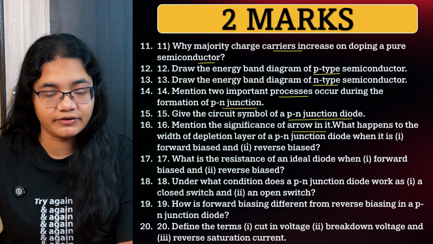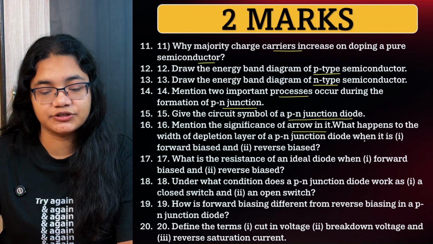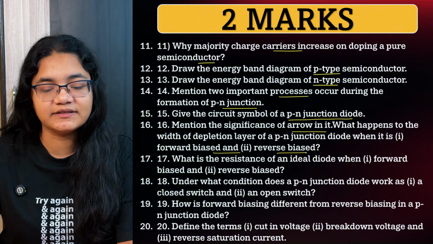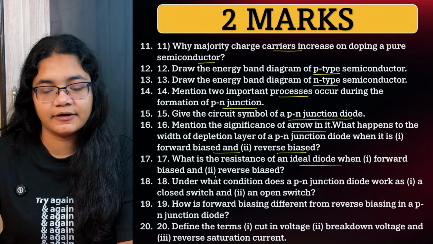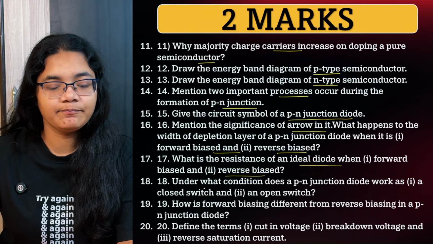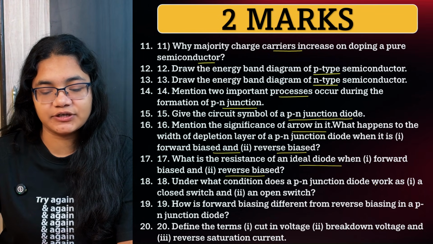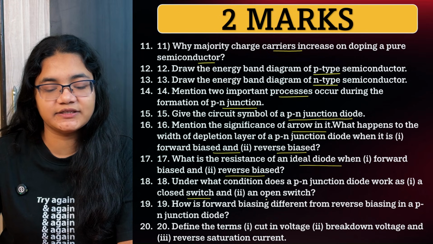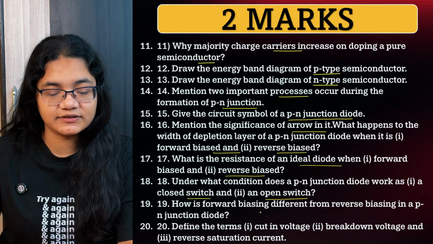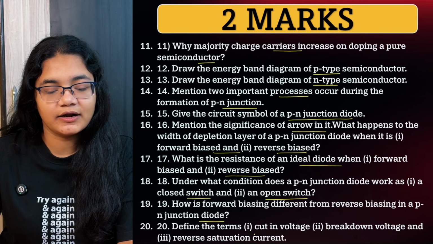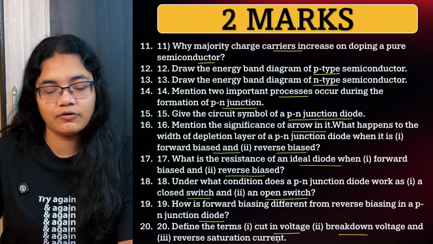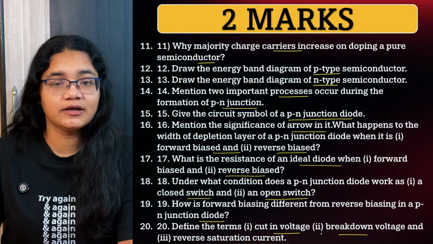What happens to the width of depletion layer of a PN junction diode when it is forward biased and reverse biased? What is the resistance of an ideal diode when forward and reverse biased? Under what condition does a PN junction diode work as a closed switch and as an open switch? How is forward biasing different from reverse biasing in a PN junction diode? Define the terms cut-in voltage, breakdown voltage and reverse saturation current.